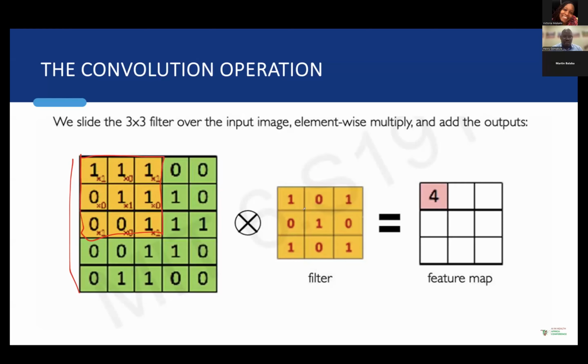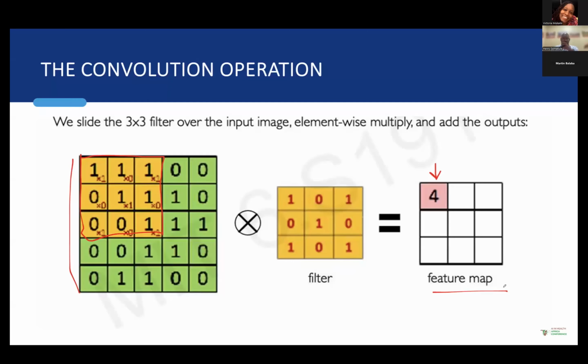So 1 times 1 plus 1 times 0 plus 1 times 1 plus 0 times 0 plus 1 times 1. And the final answer we got is 4. So the result from performing the convolution operation is what we call a feature map. In other words, with the convolution operation, we're trying to extract information from that image.